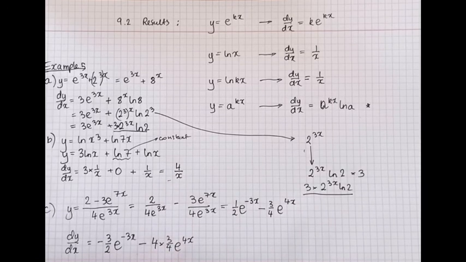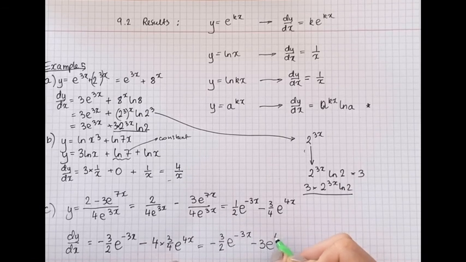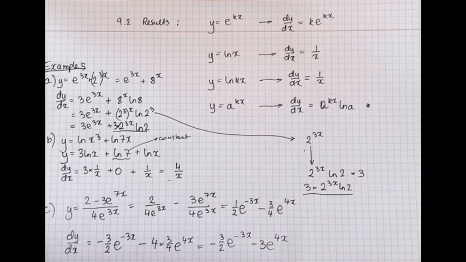There you go. Let's just tidy up this coefficient. So you've got minus 3 over 2, e to the power of minus 3x, minus 3e to the power of 4x. So this is the end of example 5.